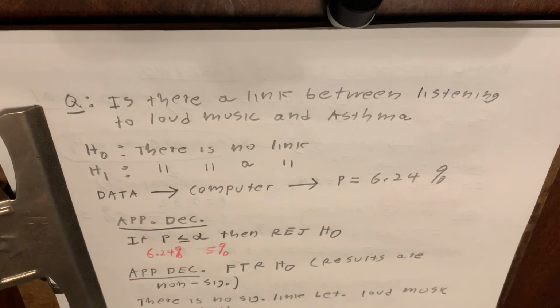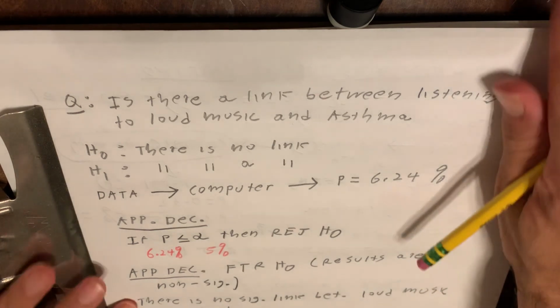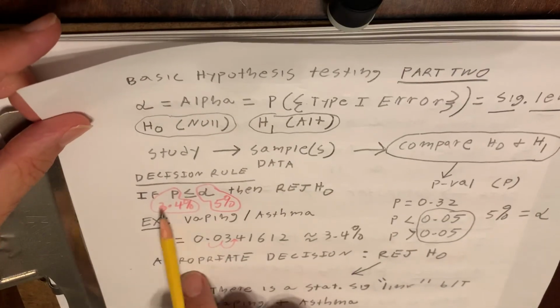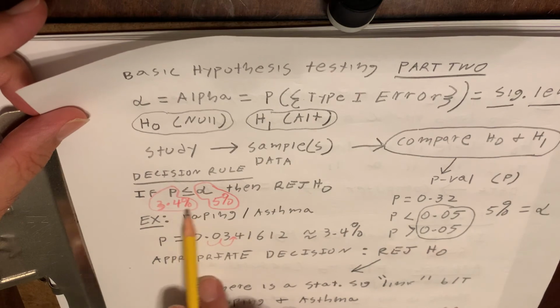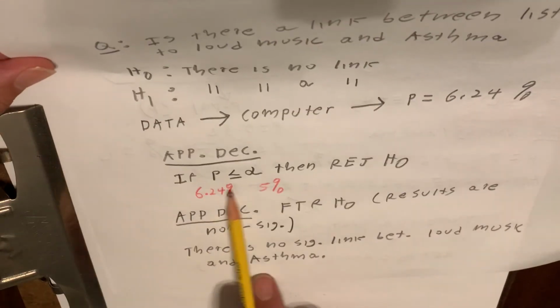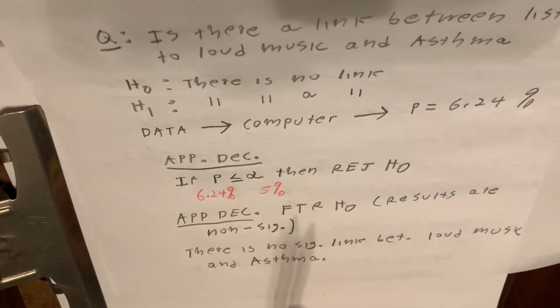So what I've done here is I've given you two different p-values. I gave you a p-value that was less than 5%, that's that 3.4% over here. And I gave you a p-value that was greater than 5%. But I didn't give you a p-value that was exactly equal to 5%.